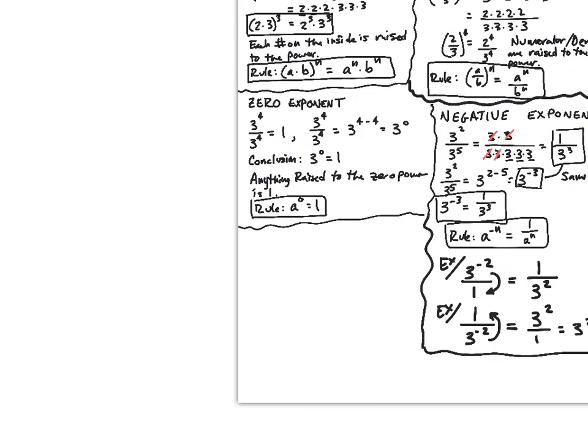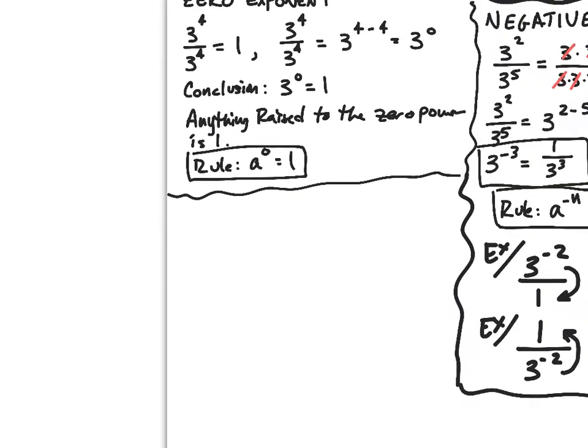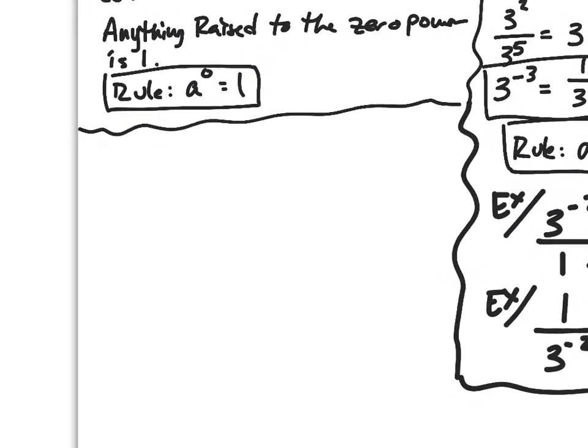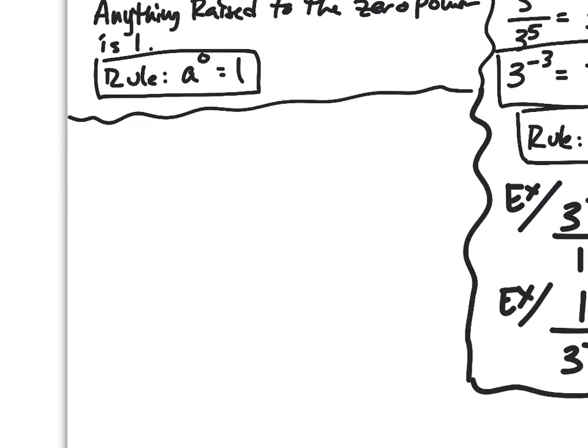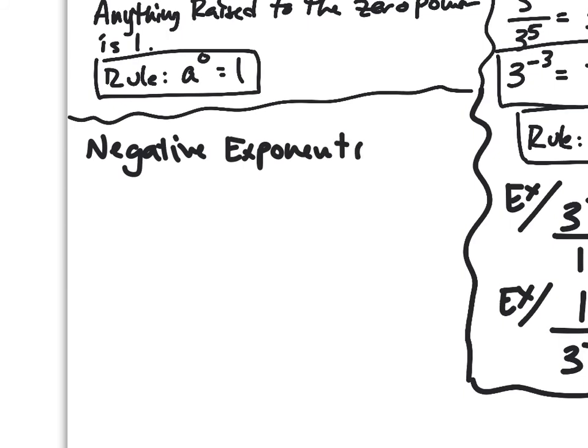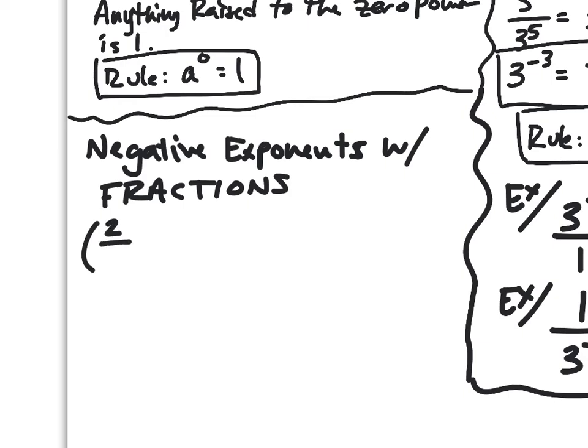Let's do one more. This is another negative exponent rule: negative exponents with fractions. We're going to go the long way on this one. Let's say I've got 2/3 to the negative 2 power.